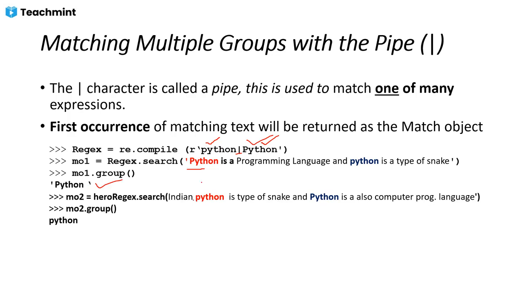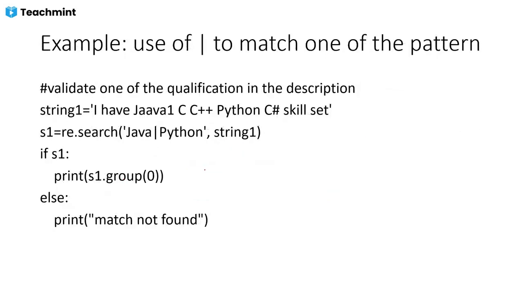In this example, Indian Python is a type of snake and Python is also a computer programming language. Here, lowercase Python is matching this part. It won't bother about the second instance. It returns where the pattern is matched in the input. So that is the use of the pipe symbol.